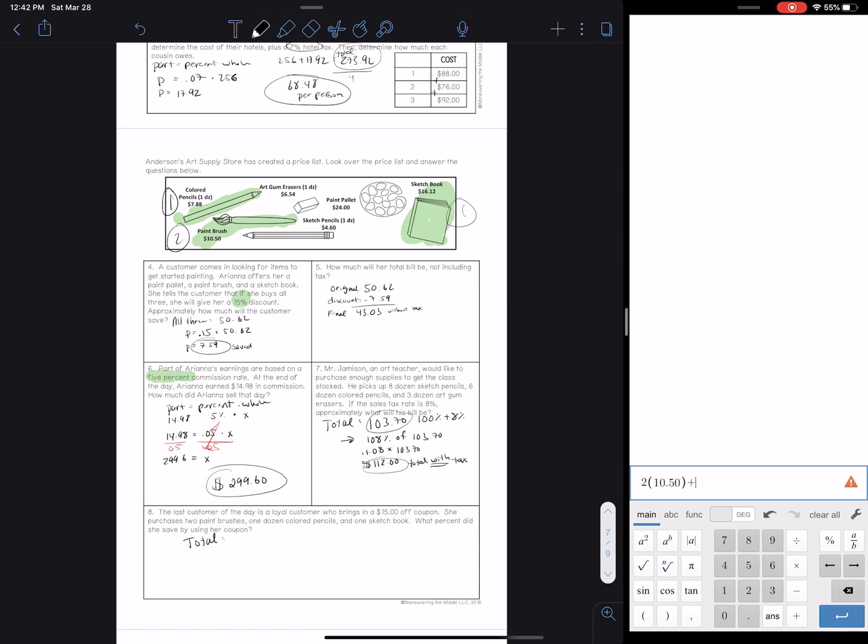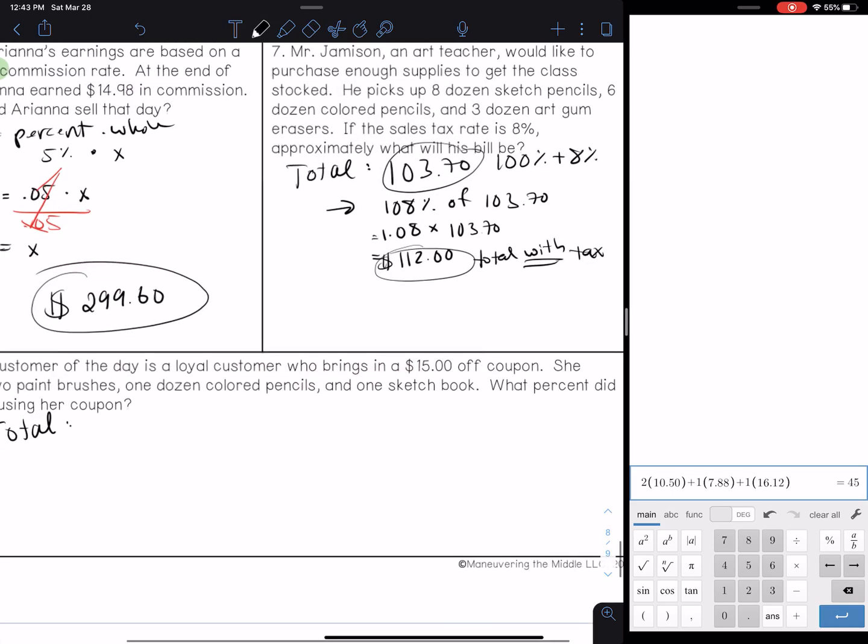And she also purchased 1 dozen colored pencils, $7.88. 1 box because each box has a dozen, and then she bought 1 sketchbook, which is $16.12. So her total money spent, she spent $45.